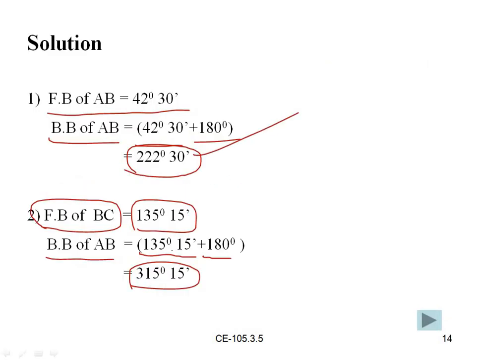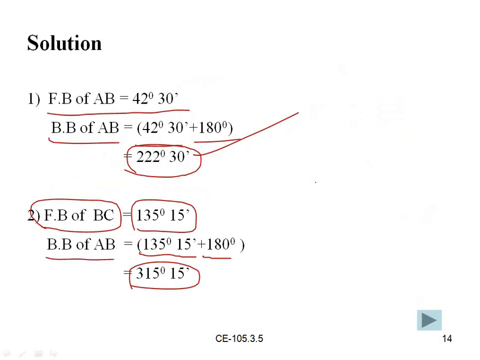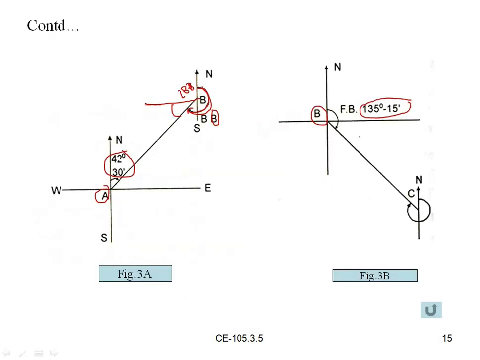Then the angle we will get, the back bearing, is 222 degrees 30 minutes. Same like that in BC also, the forward bearing was given 135 degrees 15 minutes. So it is less than or equal to 180 degrees. If you see this angle, it is like this.